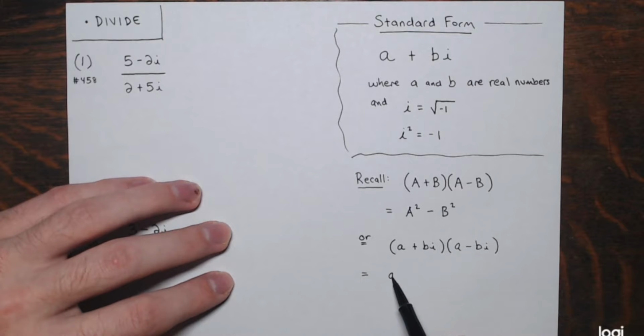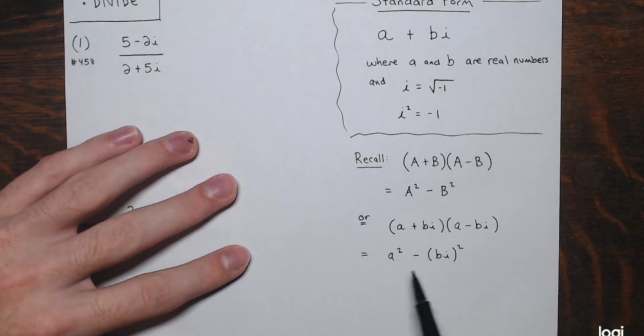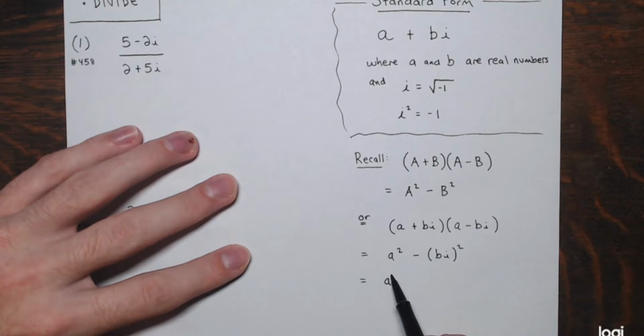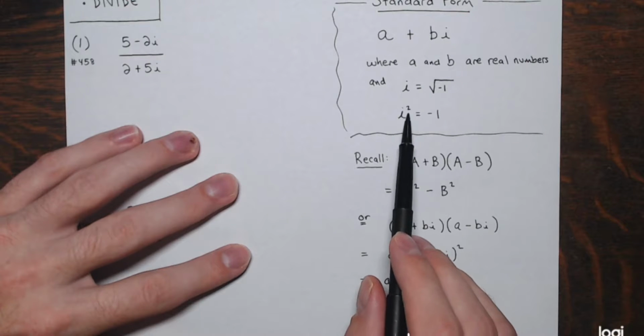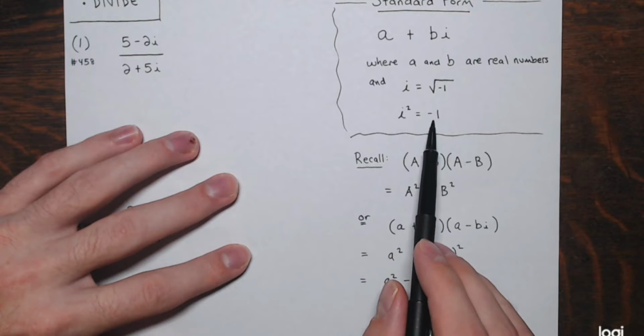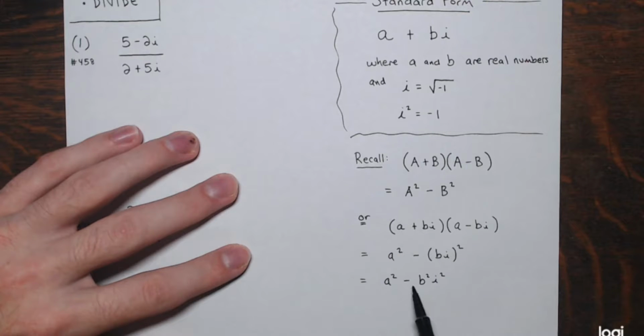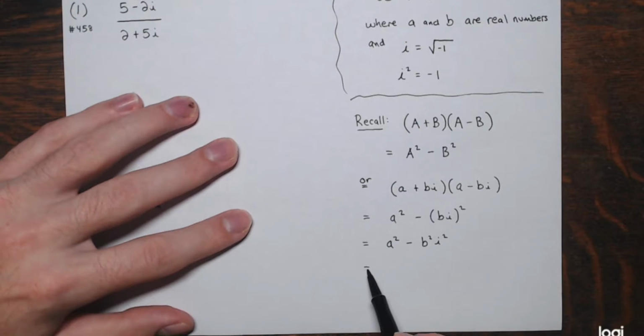It's a squared minus bi squared, but bi squared is b squared i squared. And don't forget, whenever you see i squared, that's negative 1. So this minus b squared times i squared becomes minus b squared times negative 1, which is positive b squared: a squared plus b squared.